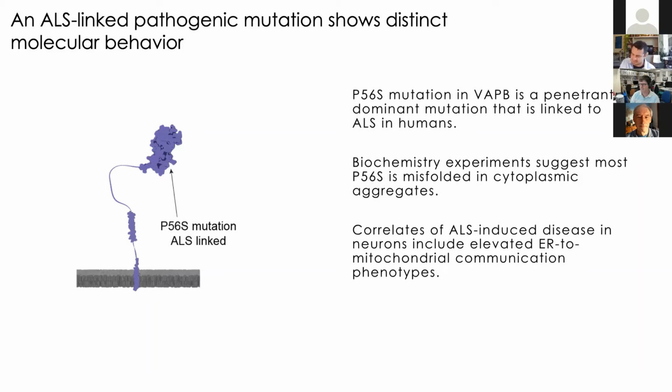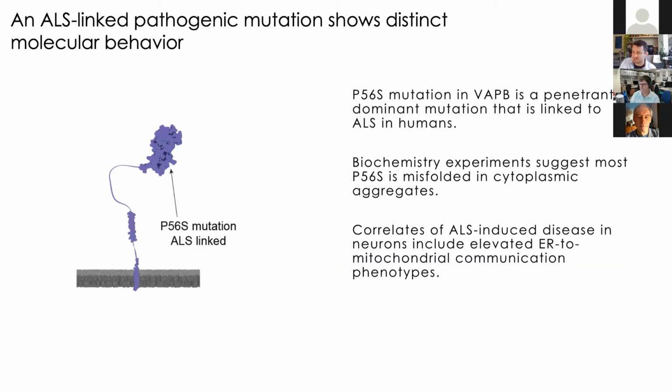And many years of work have demonstrated via biochemistry that the vast majority of P56S VAPB is in an insoluble aggregated form in the cytosol, probably as a result of early misfolding. However, it remains a major question in the field how these aggregates contribute to pathogenesis, because the correlate of ALS-induced disease in neurons is actually an elevated ER to mitochondrial communication phenotype, not a reduced one.